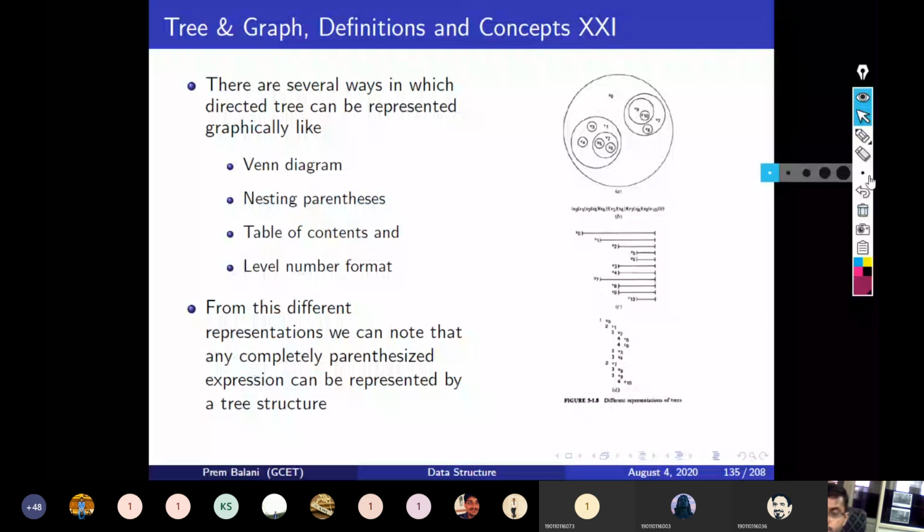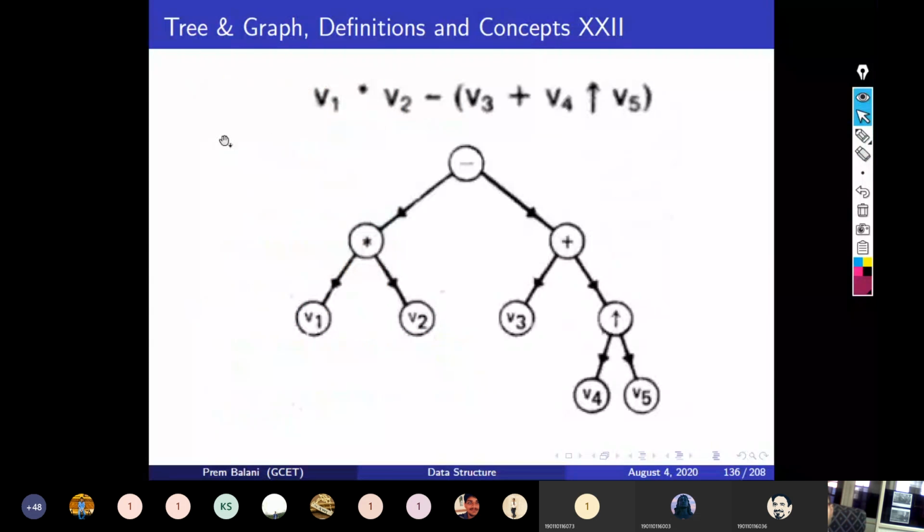From these different representations, we can observe that any completely parenthesized expression can be represented as a tree structure. Here you can see this is a parenthesized expression, and this parenthesized expression we can represent as a tree, right? So in V4 raised to V5, the operator will be the node and operands will be the leaf nodes.